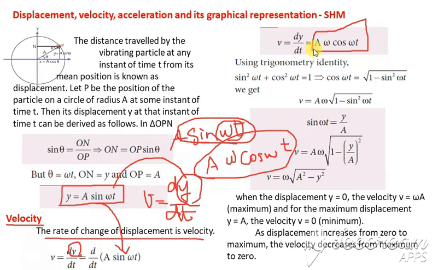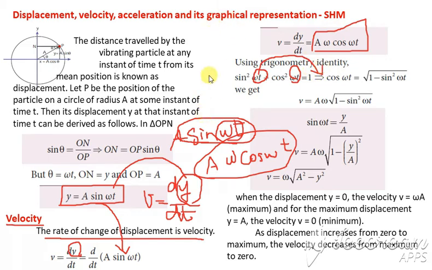Already we know the formula sine square theta plus cos square theta is equal to 1, is it not? Instead of theta, we write omega t. So sine square omega t plus cos square omega t is equal to 1. From this, bring the sine square to this side.